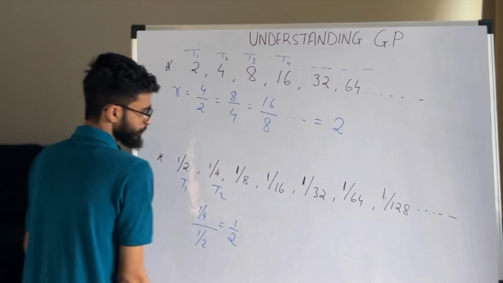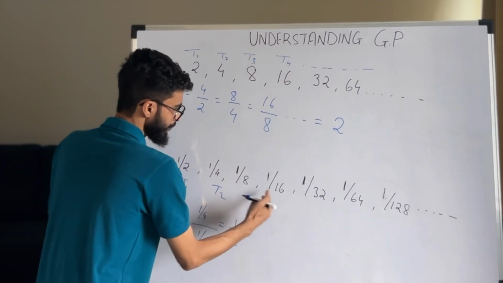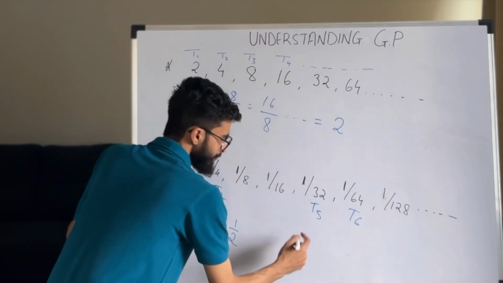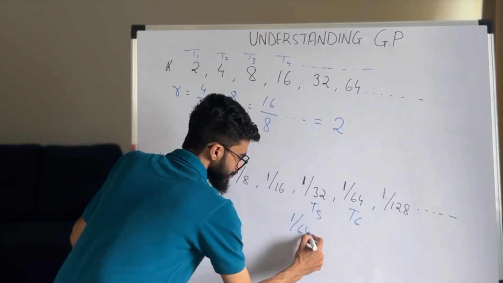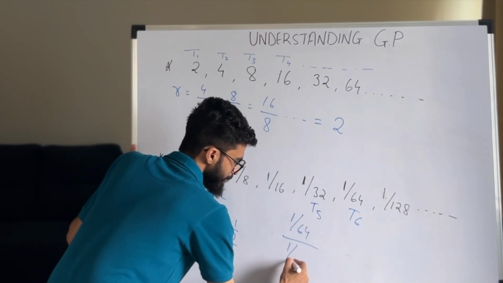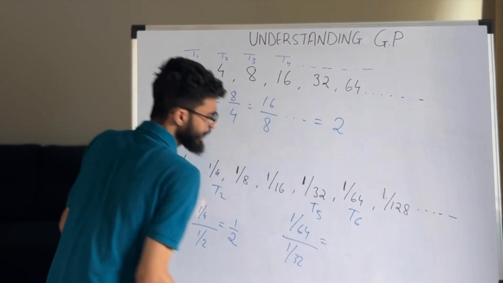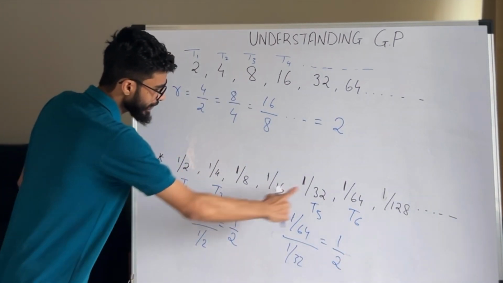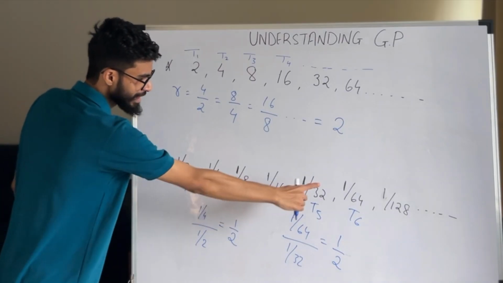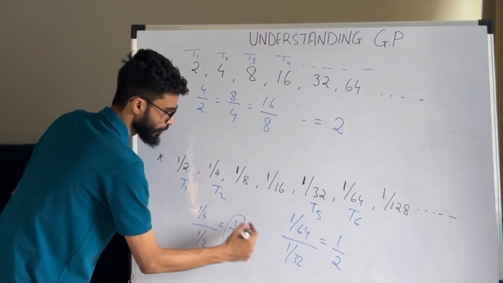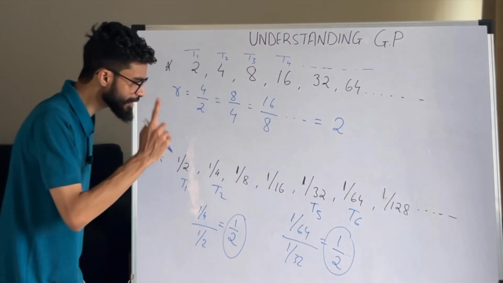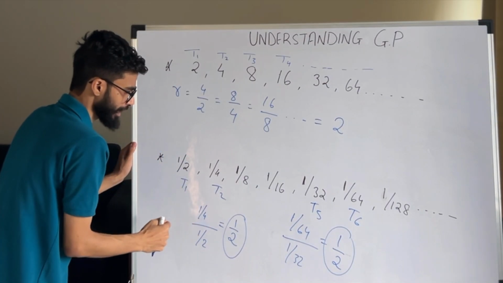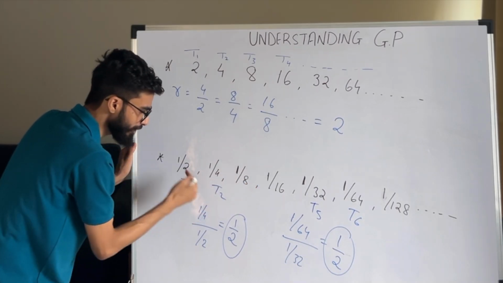If I do T6 by T5, again 1 by 64 upon 1 by 32, I am again getting 1 by 2. So the common ratio of this GP series is 1 by 2. Please note, we will always do T2 by T1, that is, the next term by the previous term, the ratio.